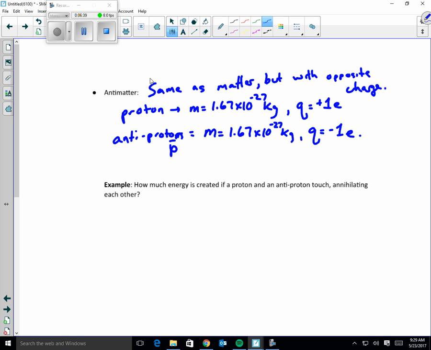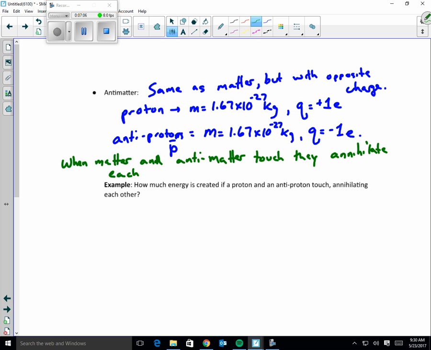When matter and antimatter touch, they annihilate each other. Which means both are destroyed. All of their mass is gone. They're turned into energy.